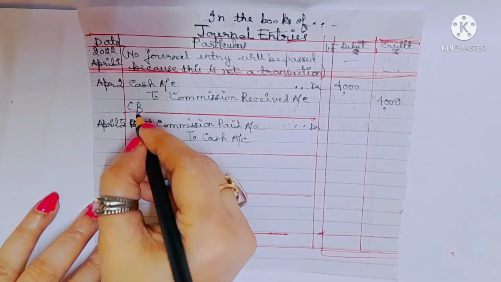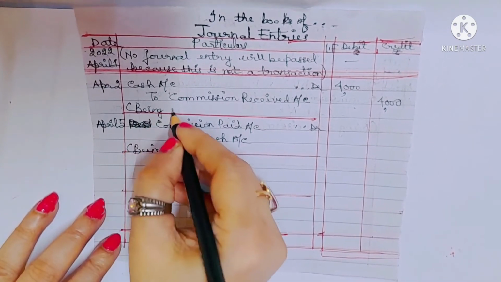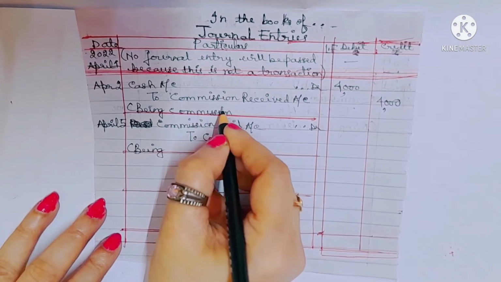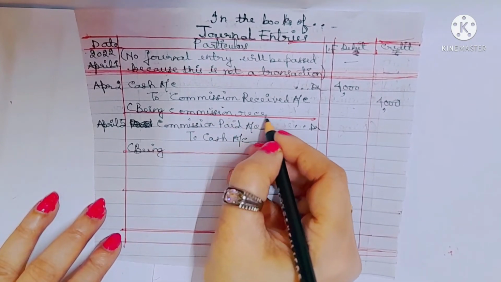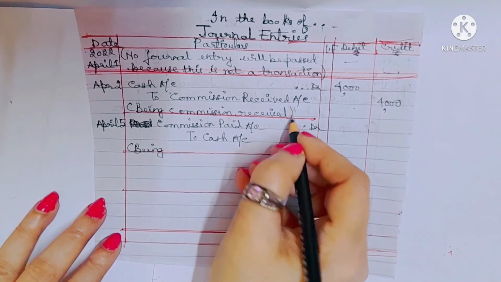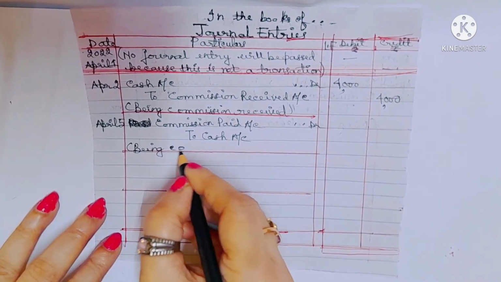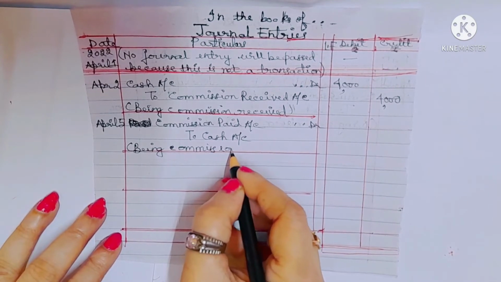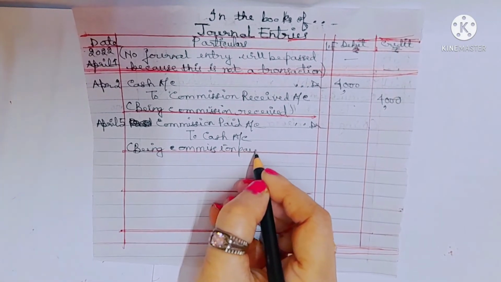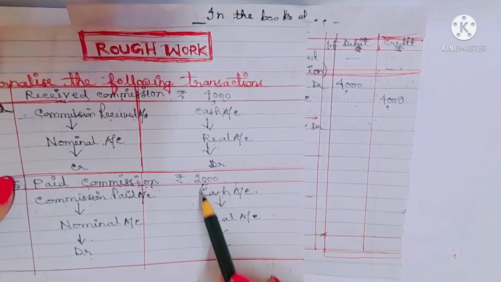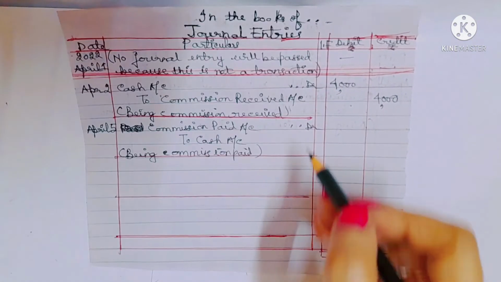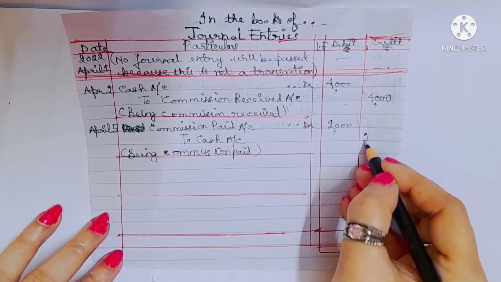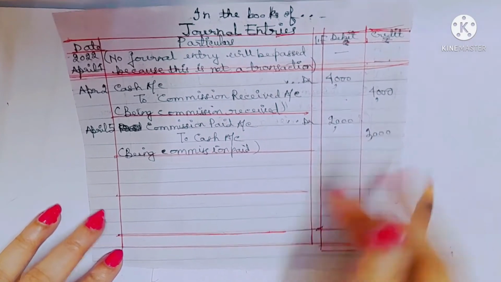Oh, I forgot to write the narration. Being commission received, being commission paid. How much is the amount? Let's see. 2,000.